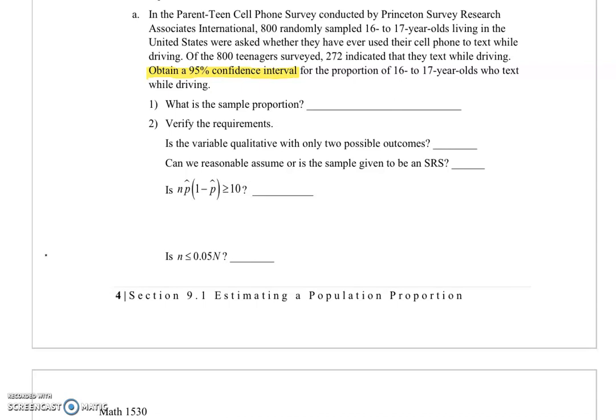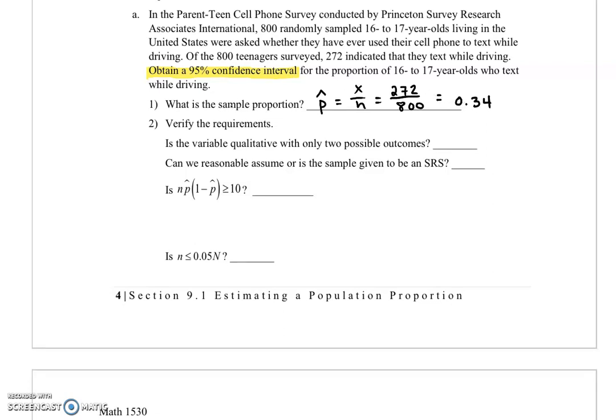So first of all, what is the sample proportion? Well, that's p hat, which is x over n. X is the number that said they text while driving, that's 272. And n is the total number surveyed, which is 800. So our p hat is 0.34.